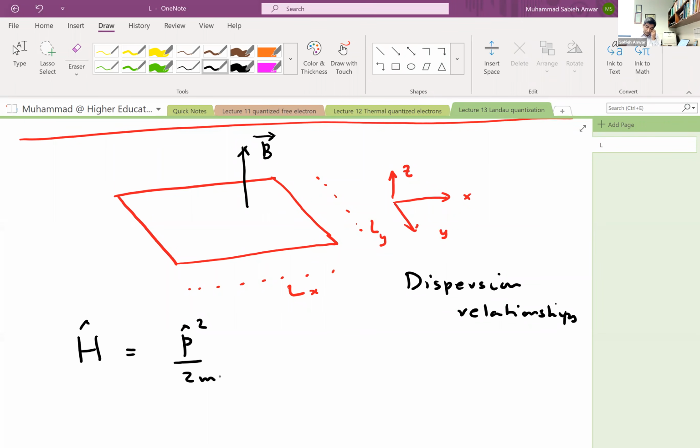But on top of this, I also have a magnetic field. So somehow I have to incorporate the magnetic field. The magnetic field seeps into this expression for the Hamiltonian in two particular ways. One is through a Zeeman term.